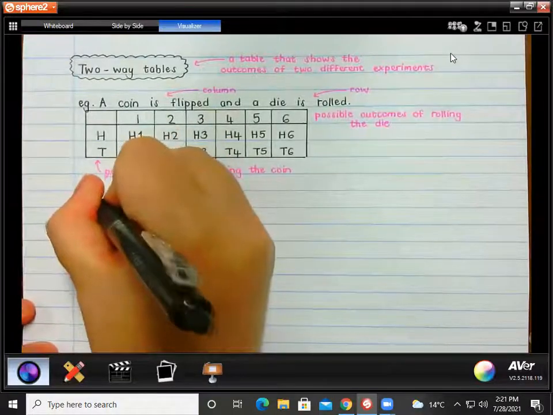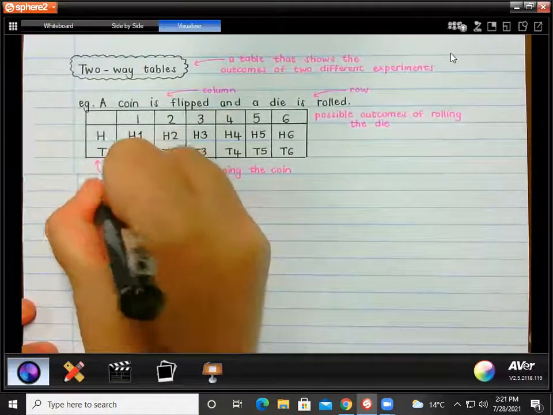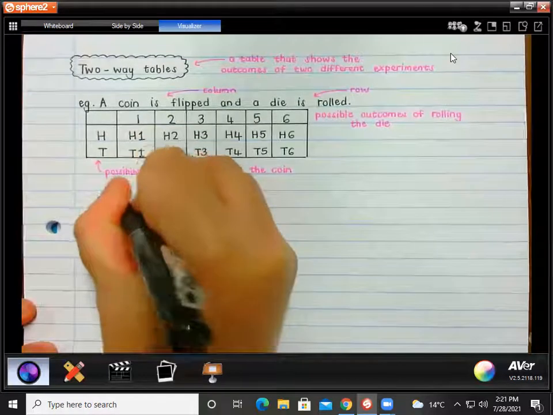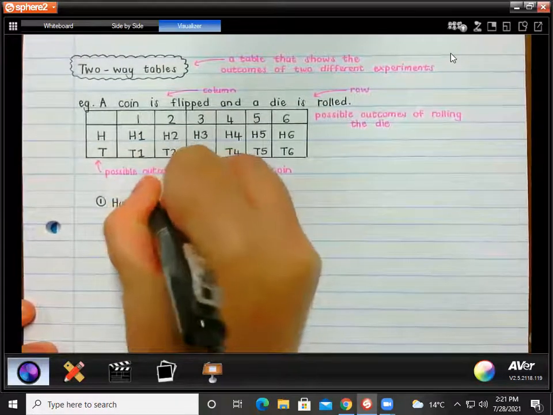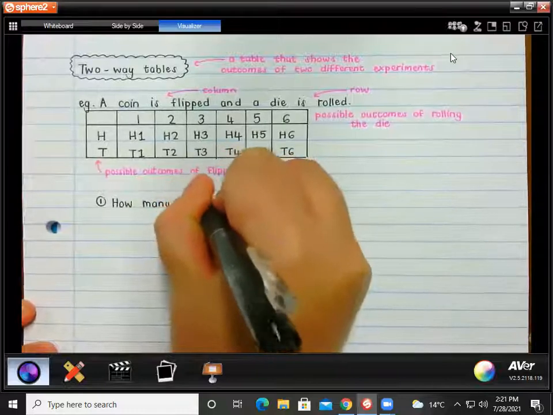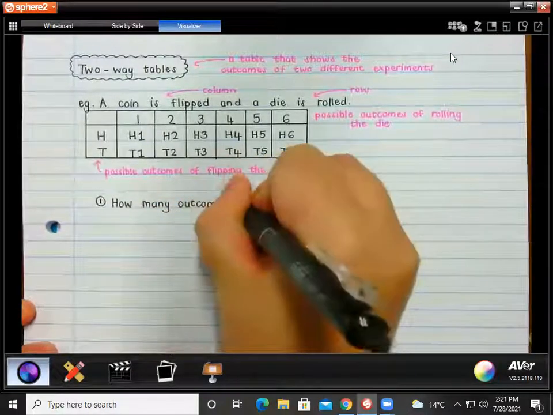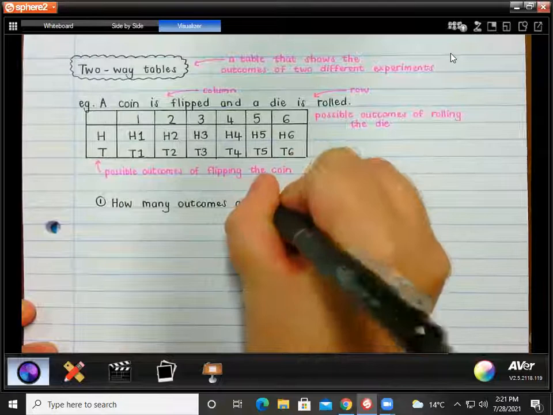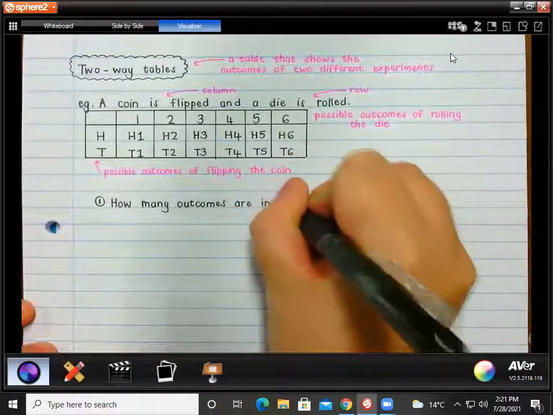So question 1, how many outcomes are in this experiment?